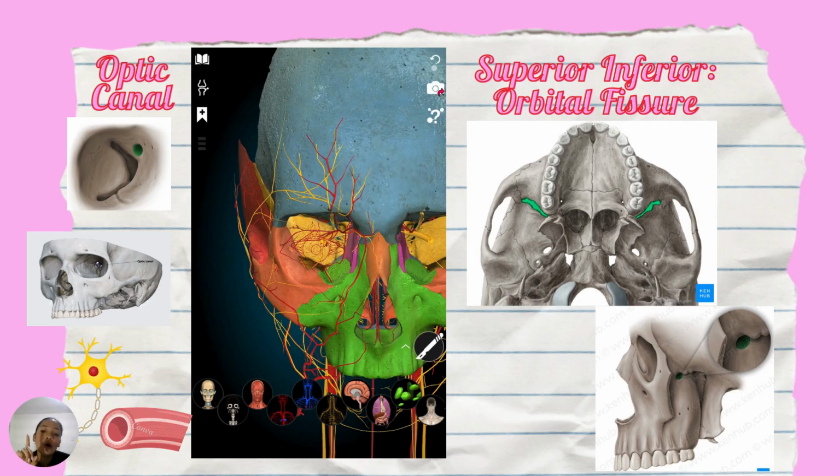The superior orbital fissure, located in this part, allows the passage of the nerves responsible for eye movements, and the inferior orbital fissure, a little hole in this part, allows the passage of the infraorbital nerves and also blood vessels. So superior nerves, inferior blood vessels, and this is all.